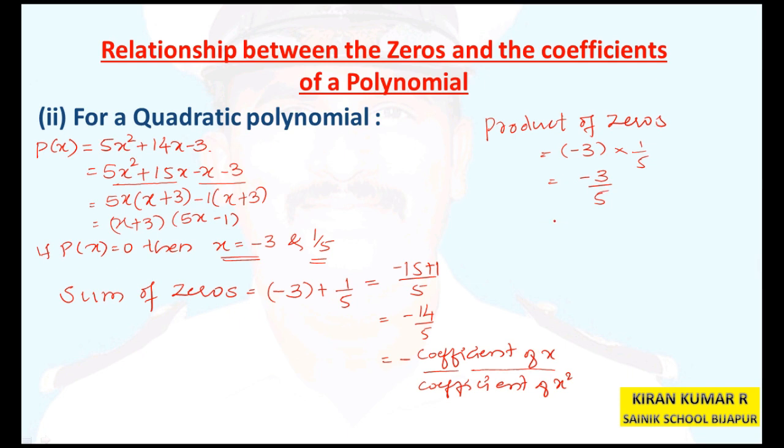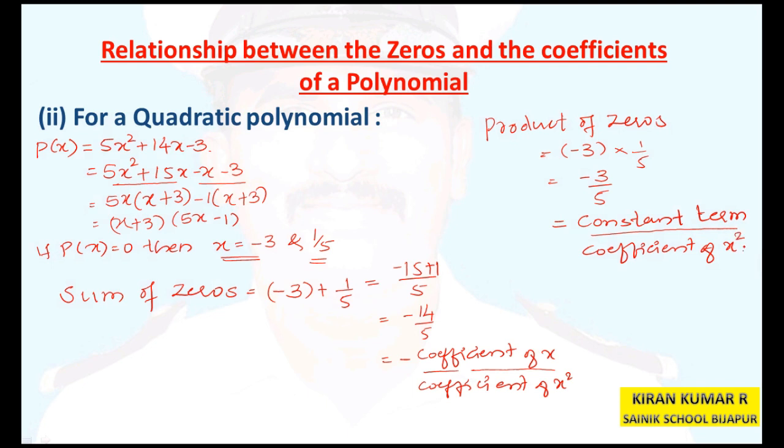What is this minus 3 in the given polynomial? It is the constant term divided by coefficient of x square.